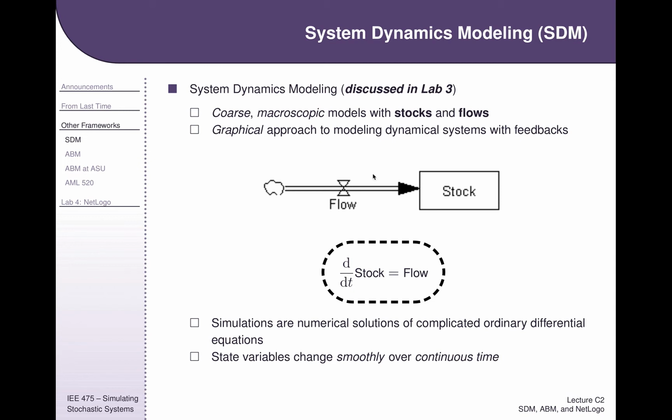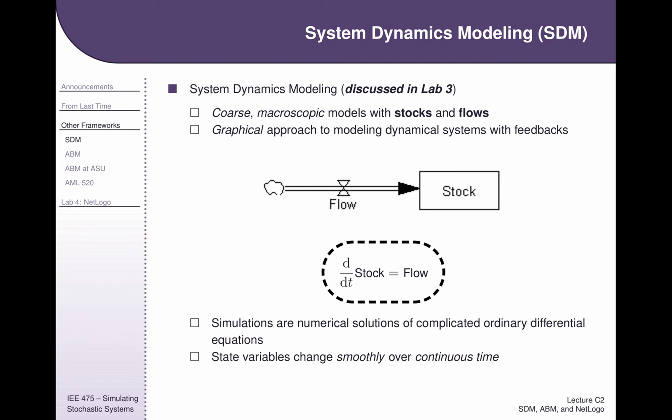Behind the scenes, every one of these stocks and flows is implemented like a little differential equation. So when you run these things, you're numerically integrating a little calculus problem. The state variables here, the stocks, change smoothly over continuous time.